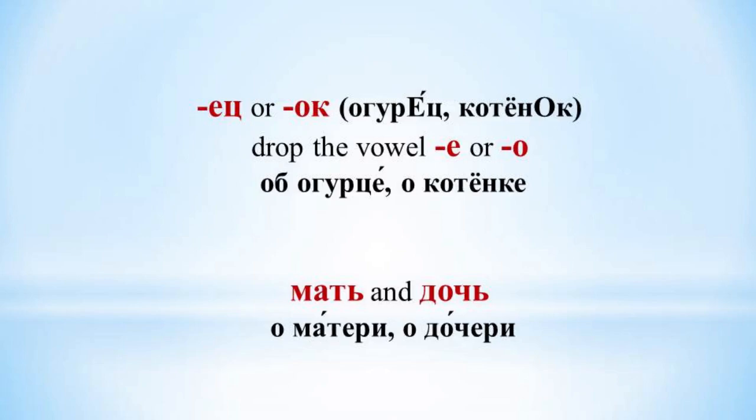Let's take a look at the examples. Об огурце, о котенке. And one more exception: the words мать and дочь. We change these words a little differently. О матери, о дочери. By the way, this rule works for all cases except the accusative case and, of course, the nominative case. So it's really useful to memorize this rule right now.